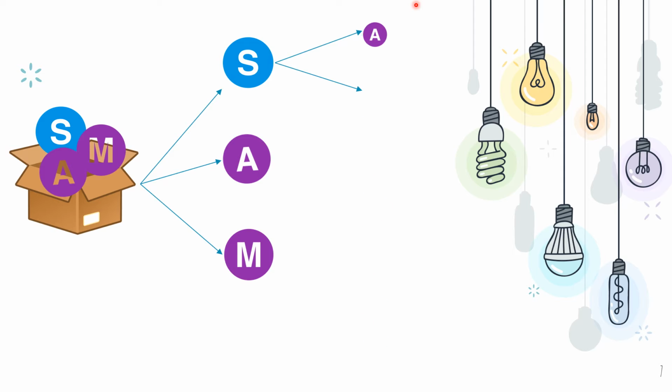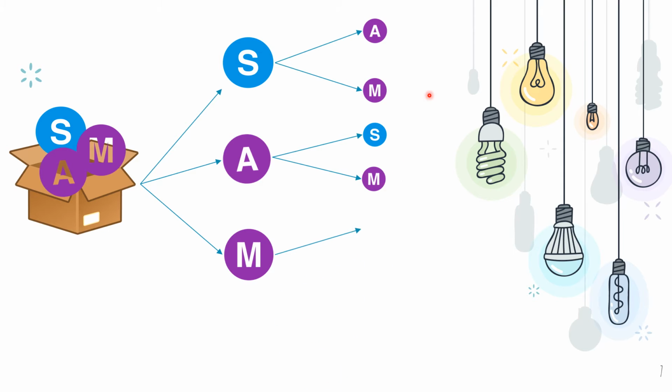because when S was taken on the first try, then there is no S for the second trial. And look at A and M. When A was taken on the first try, then there is no A for the second try.